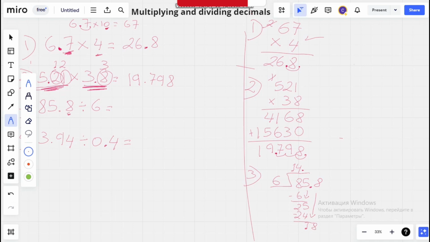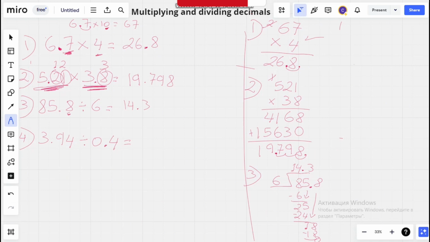How many 6s do you put in 18? It's 3. 3 times 6 is 18. 18 minus 18 is 0. So our answer is 14.3.